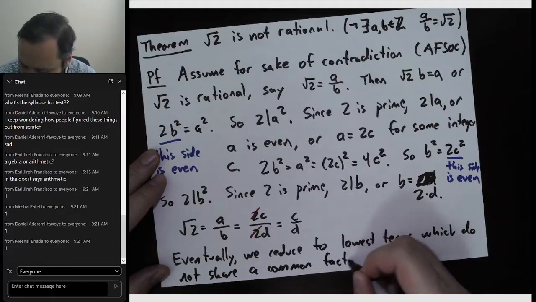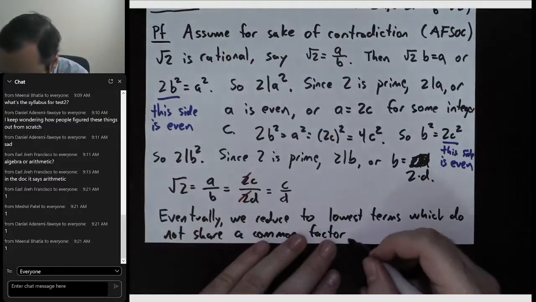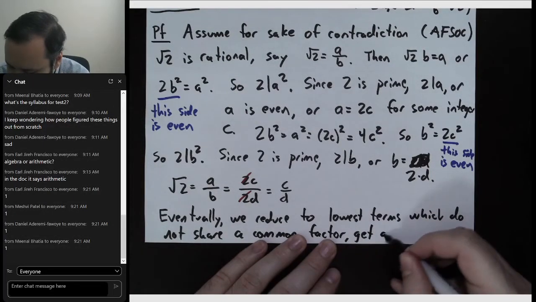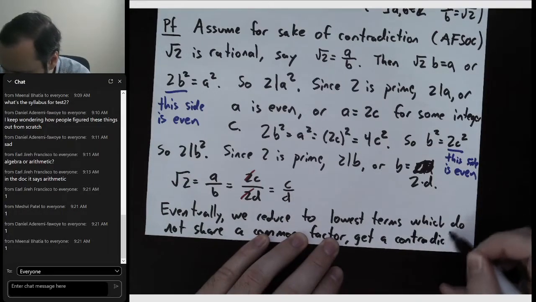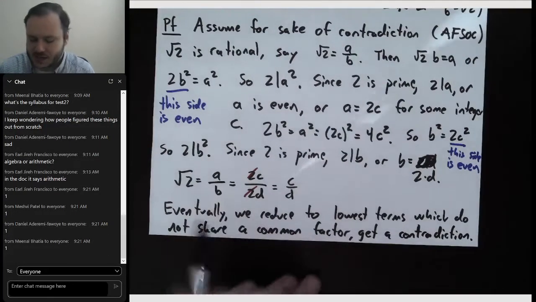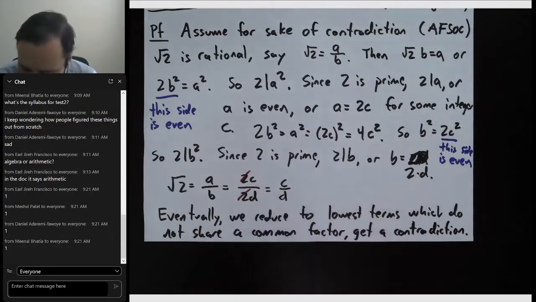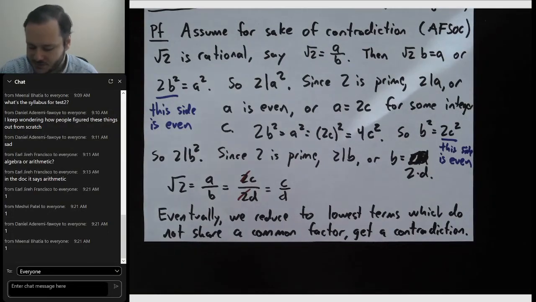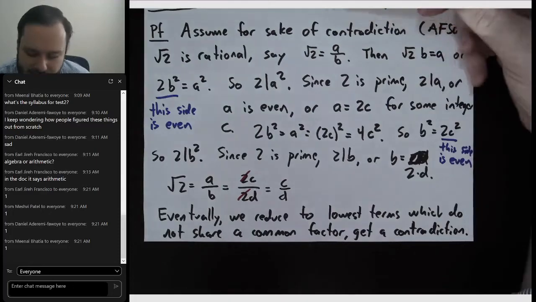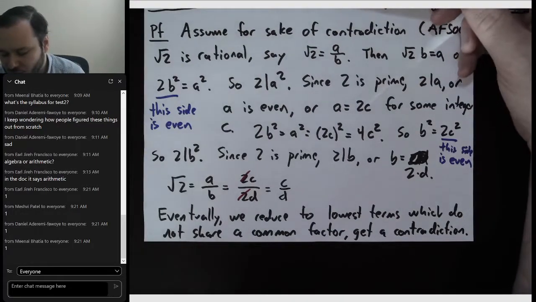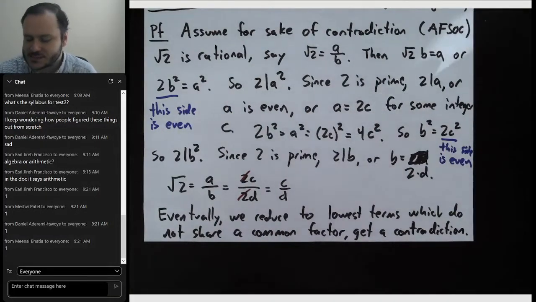You can only reduce fractions so many times, and then we get a contradiction. You cannot keep reducing, but this says you can always keep reducing. This says you can always find another copy of 2. So since we got a contradiction, our assumption that square root of 2 is rational must have been wrong. We can only conclude square root of 2 is not rational.